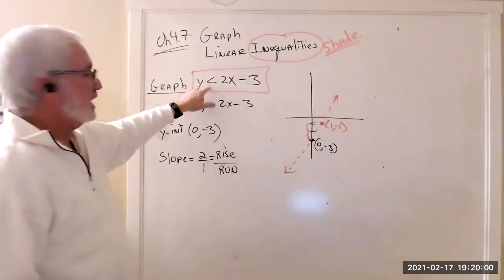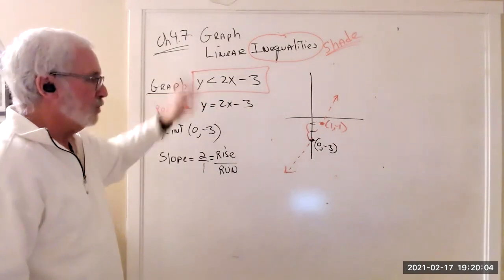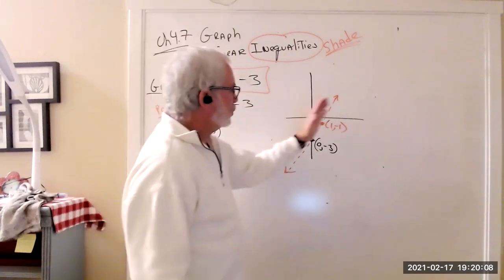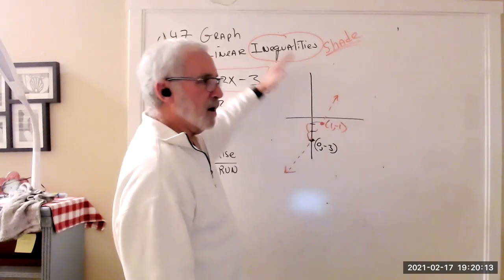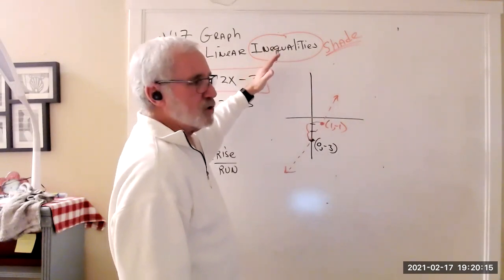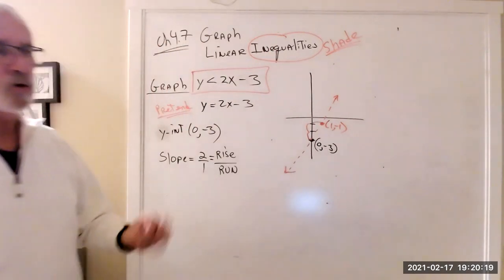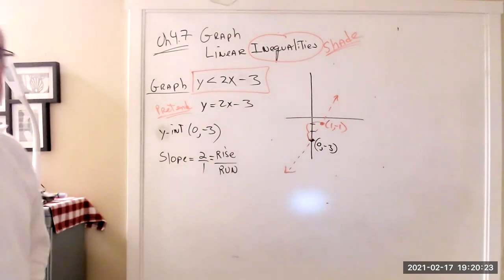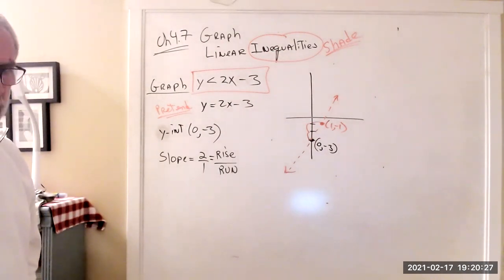It has to have an equal sign under there to be a solid line. We'll do more of those. So I have to shade. Do I shade below or do I shade above? Those are my choices. Now I'm going to show you two methods. I'm going to show you the technically correct method, and then I'm going to show you the shortcut method.